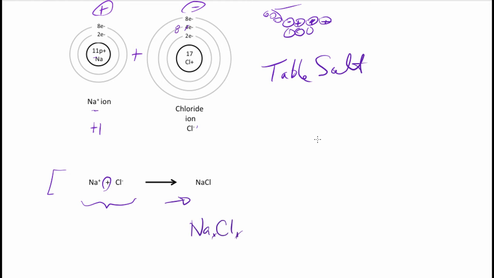For reasons we'll talk about later, water molecules will interact with these positively charged ions and their negatively charged counterparts, and they'll pull the salt crystal apart. And we say that is dissociation.